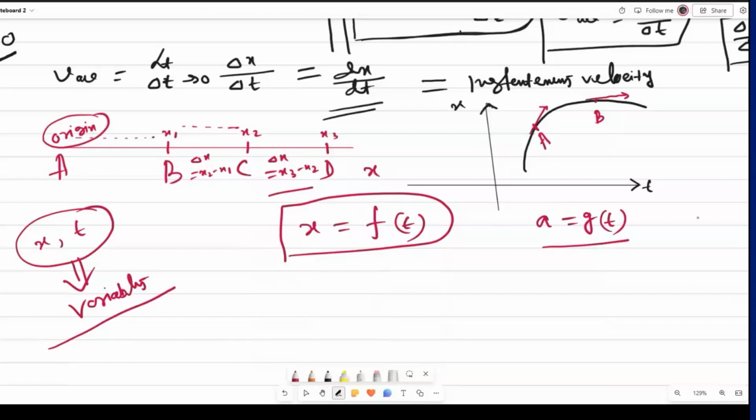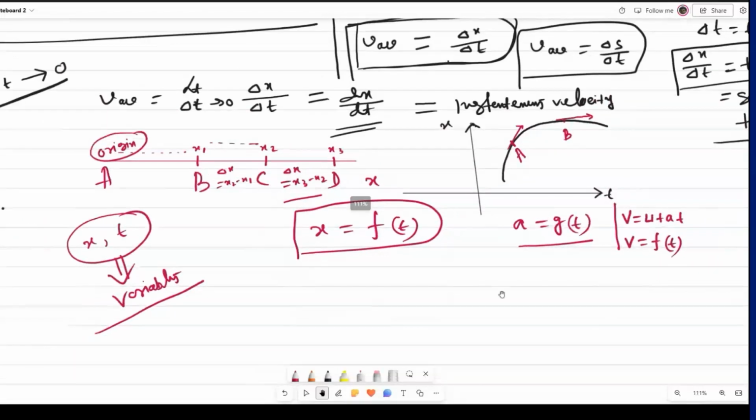When you write the velocity time relation v equals u plus at, here v is a function of t. Remember this. Here displacement is a function of t. I give you the formal definition now; you'll understand better.